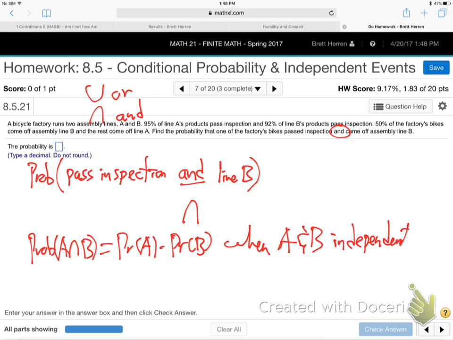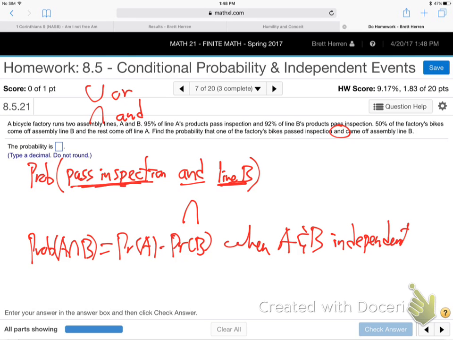When A and B are independent, to figure out the "and," you just multiply them together. So how am I going to do that? What are the two things we're talking about here? What I'm basically saying is we've got to multiply these together.